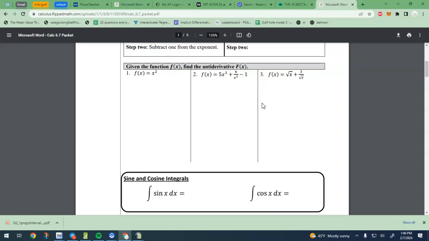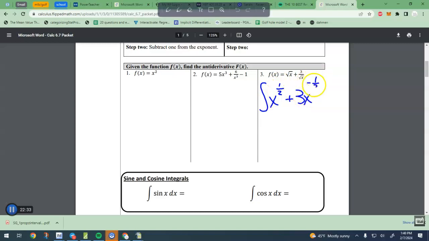Rewrite it first. So you would add 1 to the power.